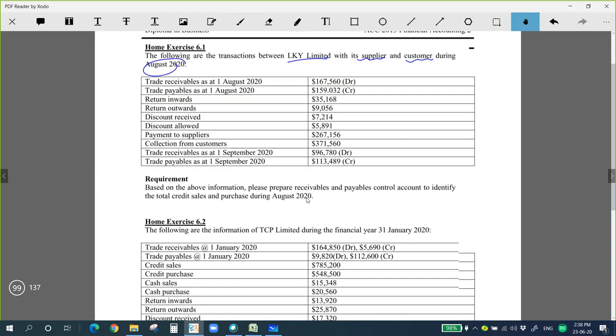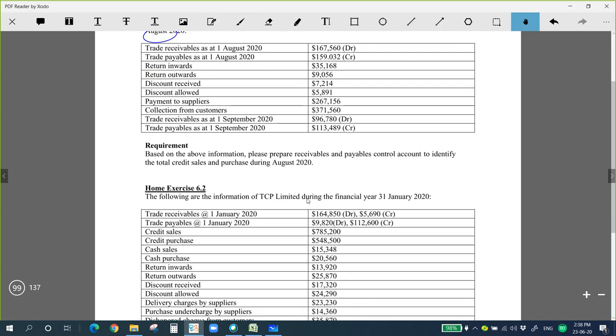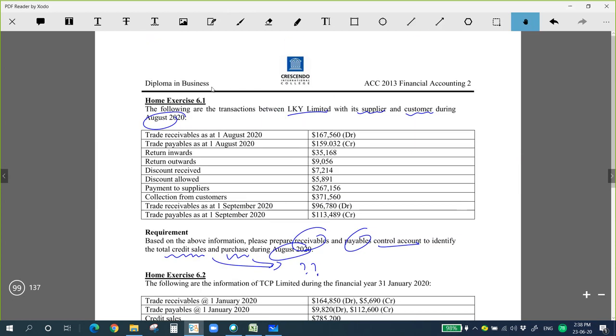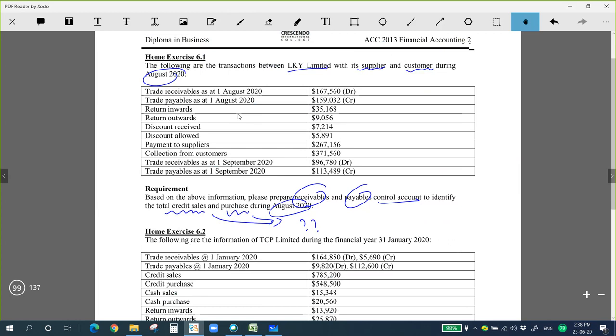So what they want me to do, based on the above information, please prepare a receivable and payable control account to identify the total credit sales and purchase during August 2020. So they want us to find out what is the information of your credit sales and purchase in August 2020. So we follow the sequence in the summary here.